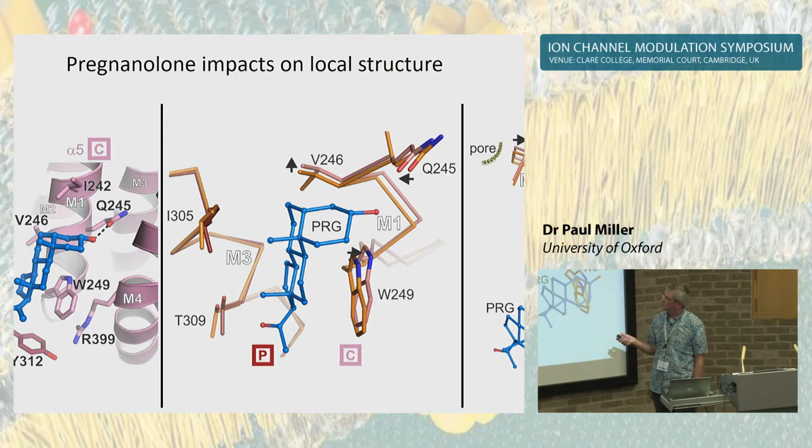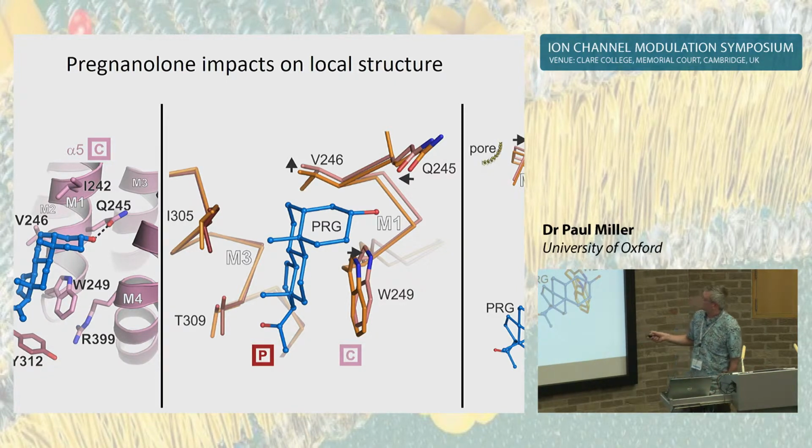So we also then went on to solve the structure without pregnenolone bound, which is this orange structure here. So I've just aligned the 2 sites. In red, we've got the original one with pregnenolone bound and the pregnenolone shown. And then in orange, we've got the apo structure.